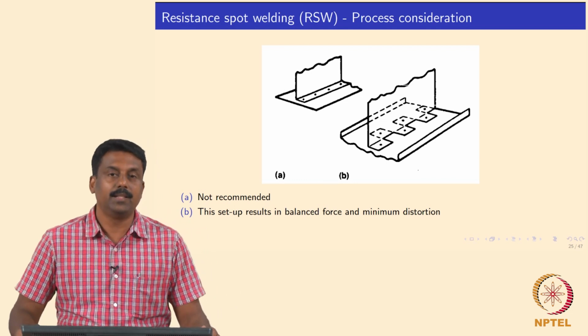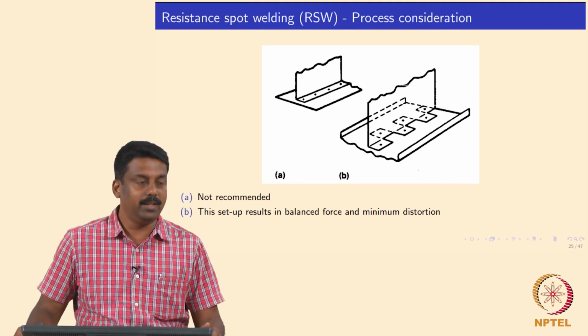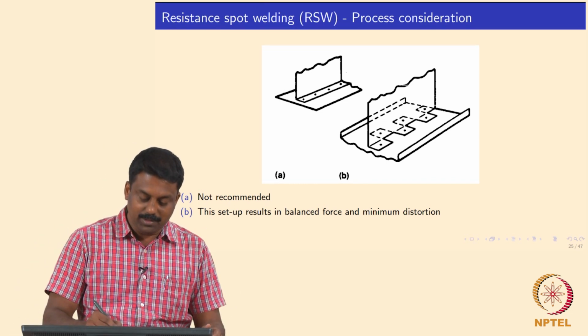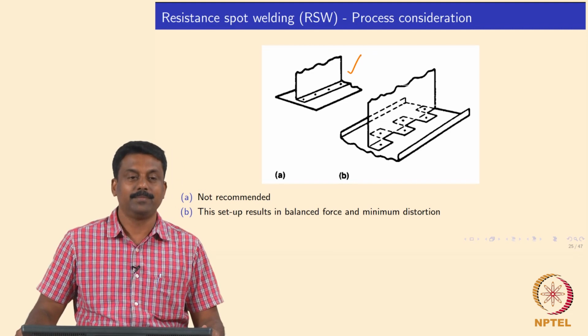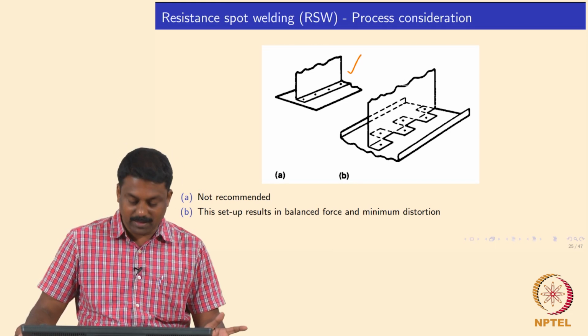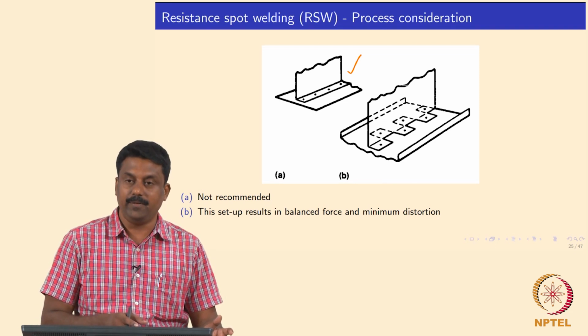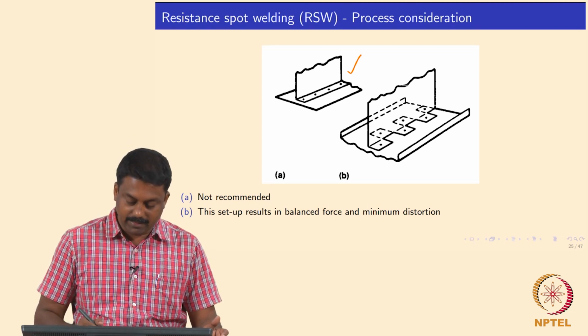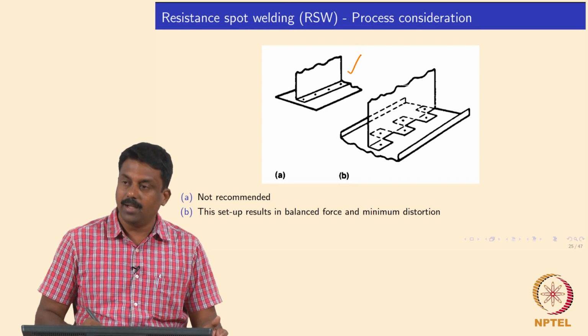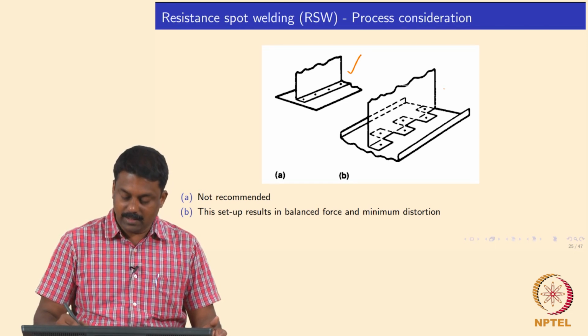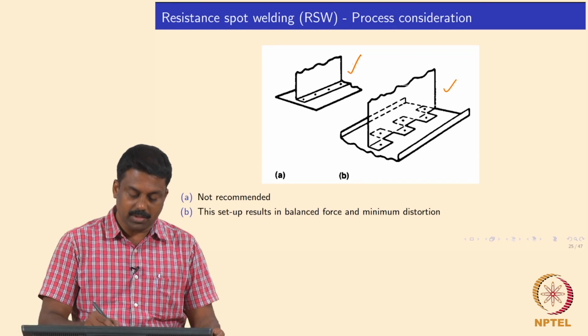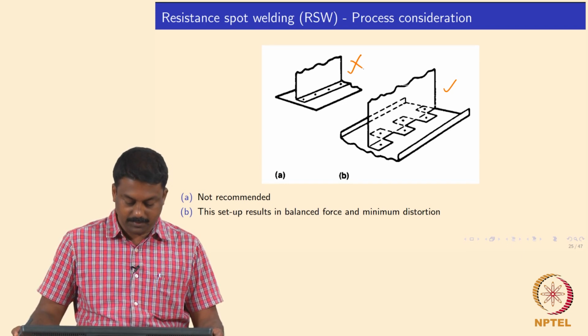Another geometry consideration when you are doing spot welds: it is never advisable to do such a weld, because obviously the load distribution will be extremely bad in this case. It is always advisable to do zigzag welds, and this will be much stronger geometrically than a structure like this here, isn't it?